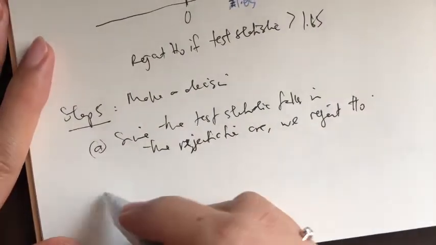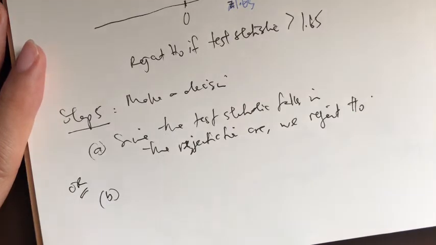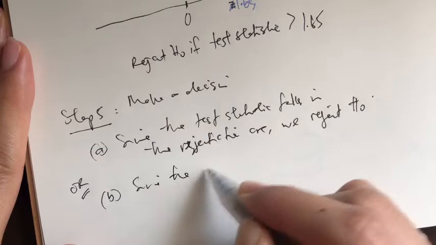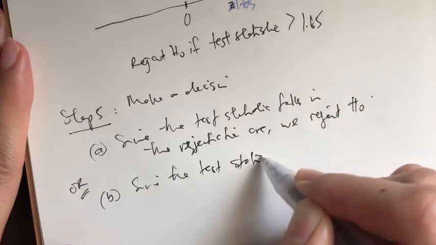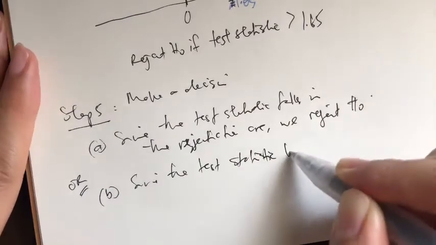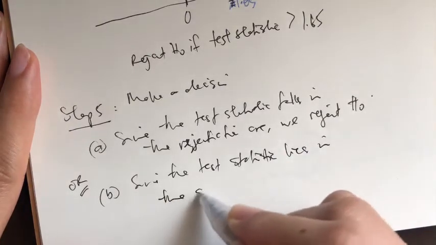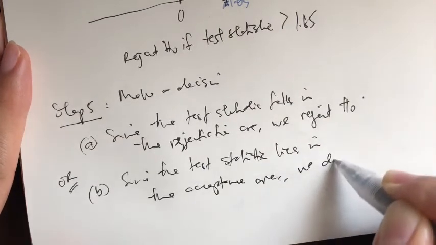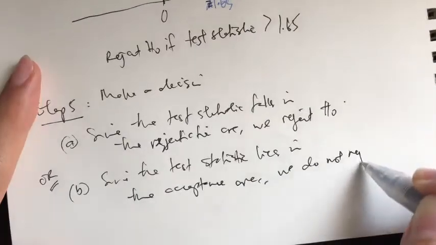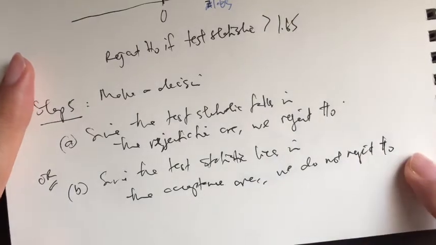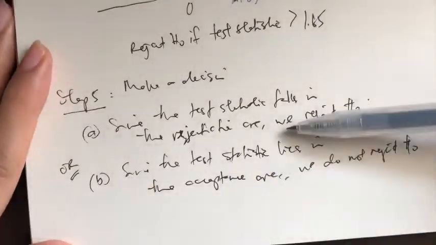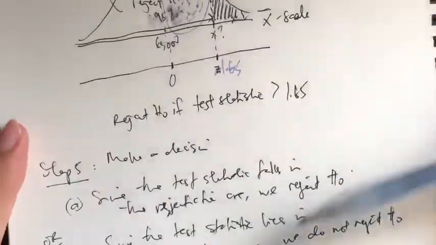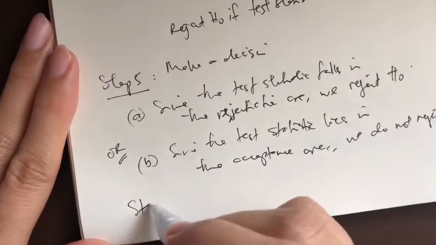Then we say, since the test statistic falls or lies in the acceptance area, we do not reject the null hypothesis. So it's either or. It depends on where our test statistic falls. That's it.